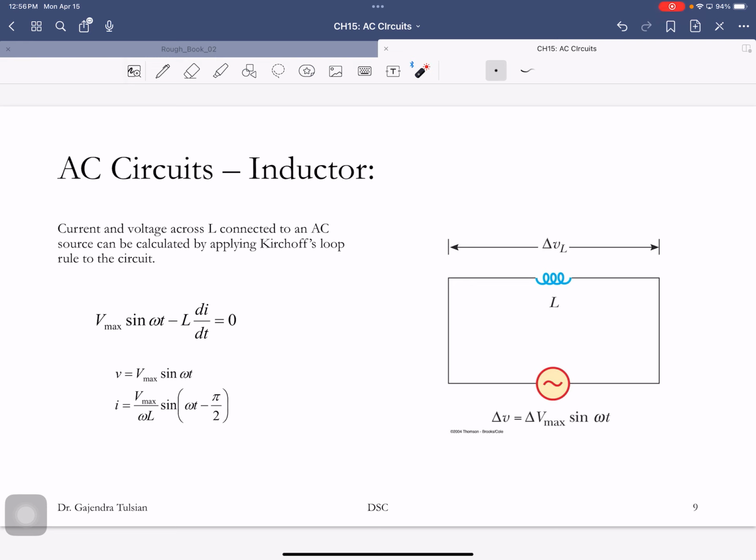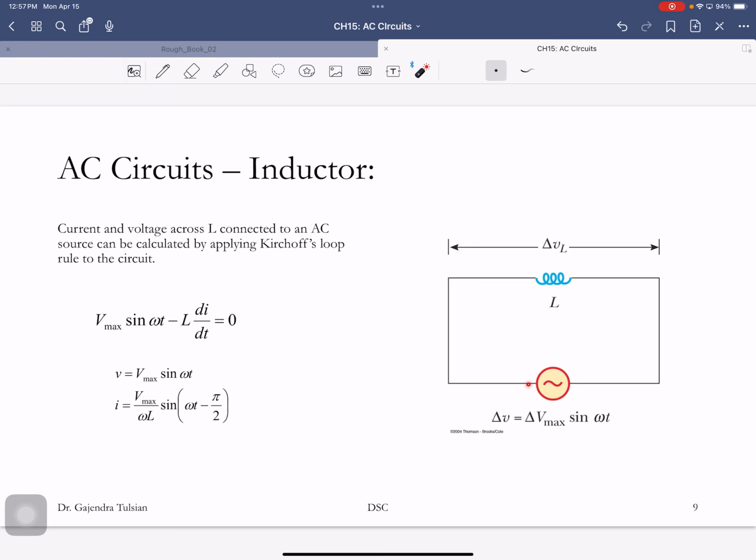All right, so we'll connect our next element. Here's an inductor connected to our AC source. Using Kirchhoff's rules, we'll apply the loop rule. The sum of all the voltages around the loop should be 0.